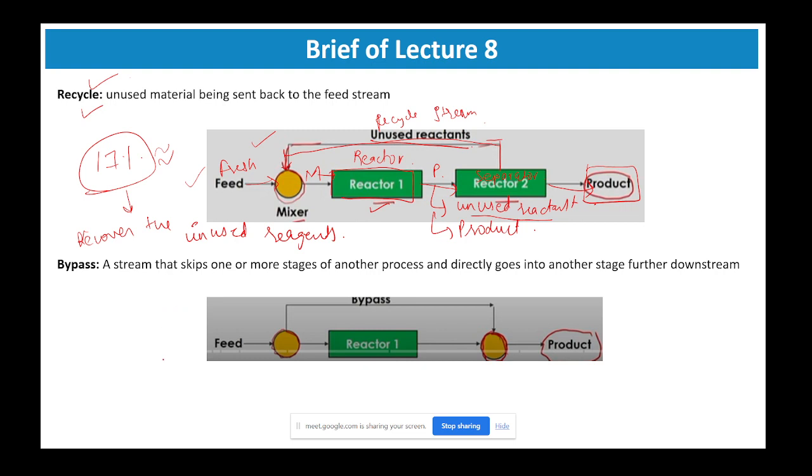Next comes bypass. So what occurs in bypass? Suppose you are sending the fresh feed to the reactor.